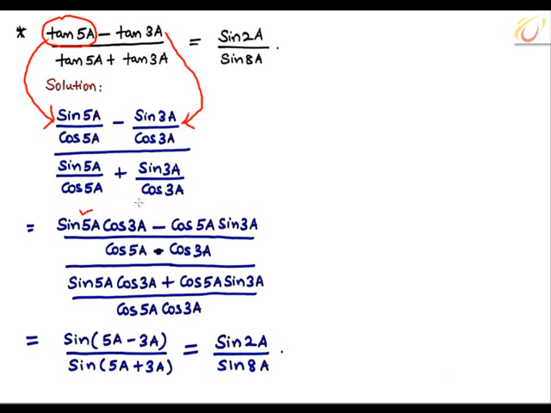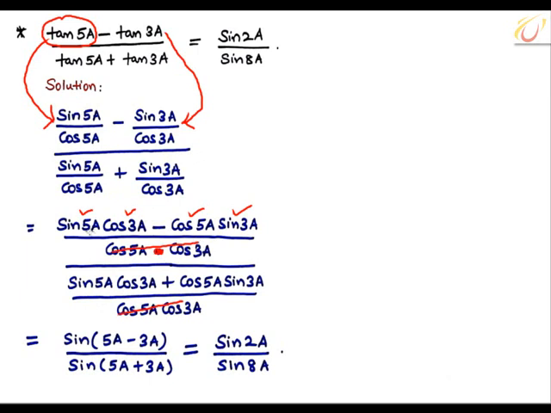Sin 5A multiplied by cos 3A minus cos 5A multiplied by sin 3A upon cos 5A multiplied by cos 3A, whole thing divided by sin 5A multiplied by cos 3A plus cos 5A multiplied by sin 3A upon cos 5A multiplied by cos 3A. So we can easily eliminate the denominators.